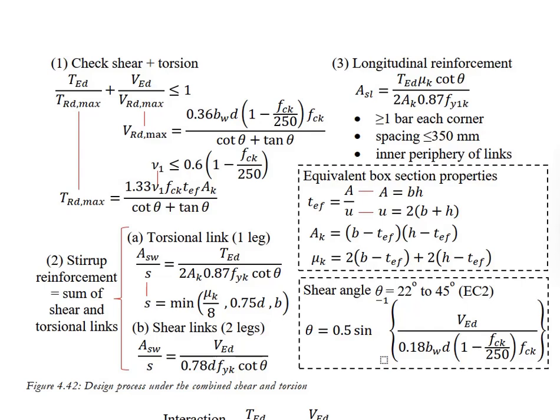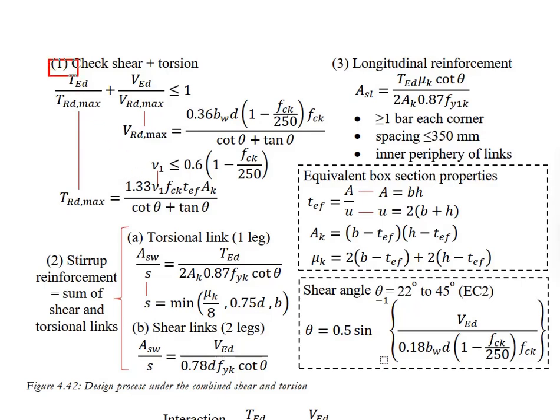You need to make sure that the section has sufficient capacity to take the load without undergoing brittle failure. You are not supposed to skip this step and go straight to the design of the links as well as the longitudinal reinforcement, as this may lead to a risk of brittle failure of the member. That can be a concern for the survival of the structure.